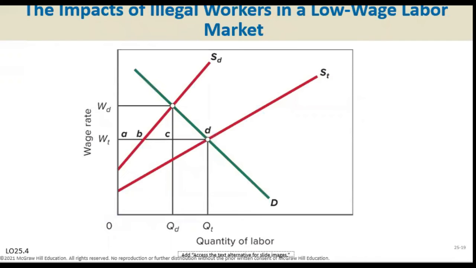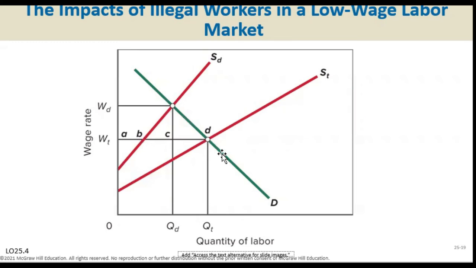So if we look at this graph over here, illegal workers in a low wage labor market shift the labor supply to the right.